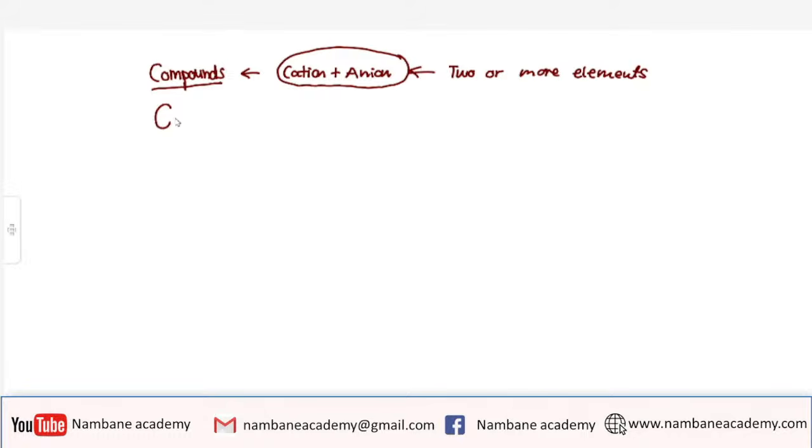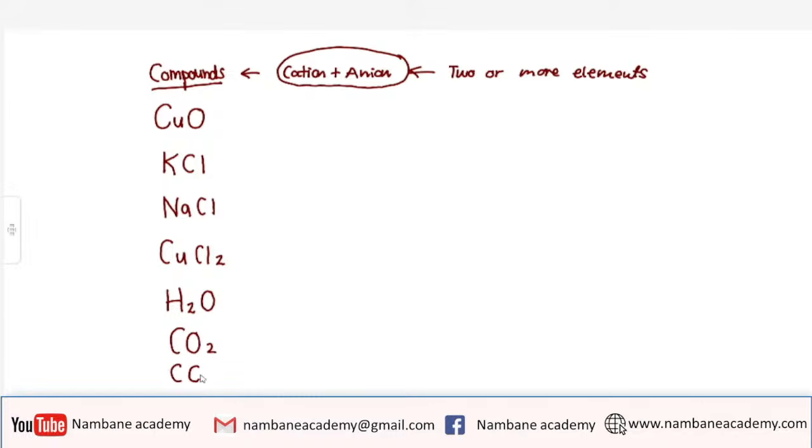Let's look at copper oxide. Use more grade 12 ones, right? Copper chloride, or before copper chloride, let me go for potassium chloride, sodium chloride, then go to copper 2 chloride. Let's go for water, and then let's go for carbon dioxide and carbon monoxide, right?